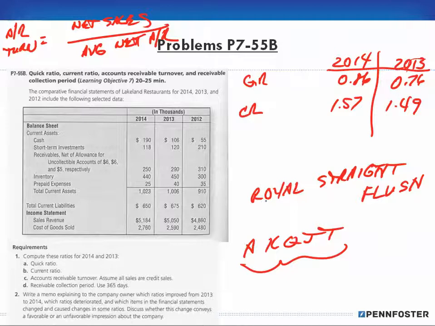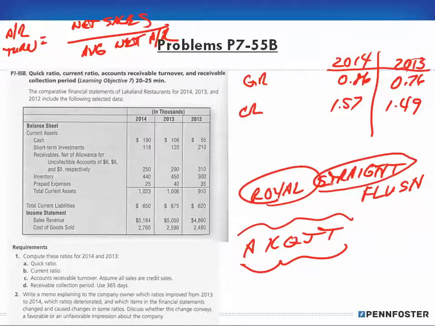But if you sit and explain the word royal to them, meaning Broadway, and explain the word straight, meaning 5 numerically in a row, and explain the word flush, all being the same suit, let's call them diamonds, okay, then they have a deeper understanding of what a royal straight flush is.